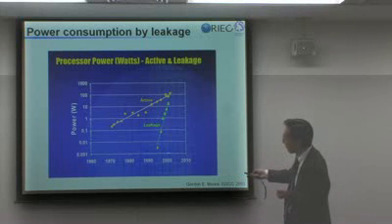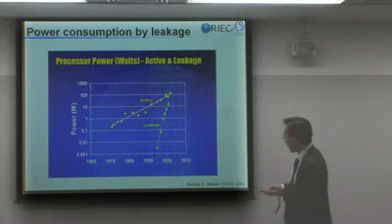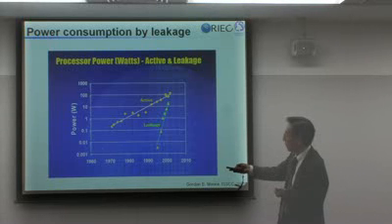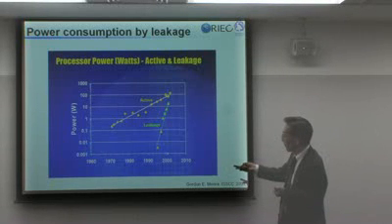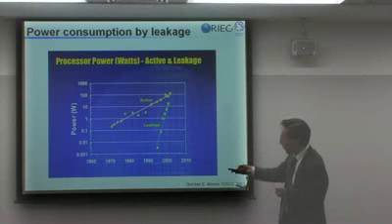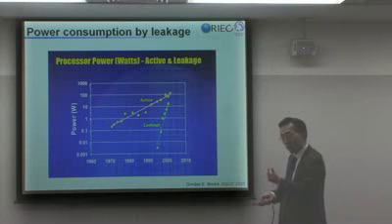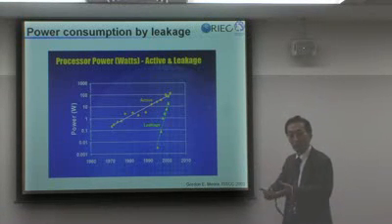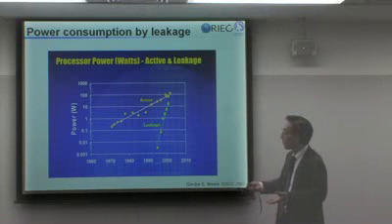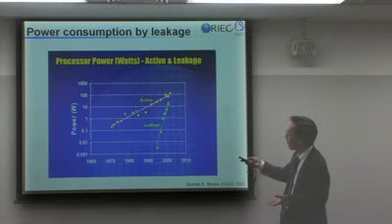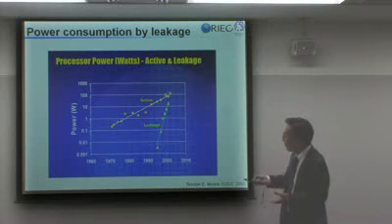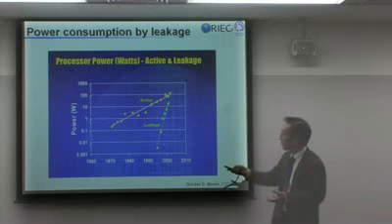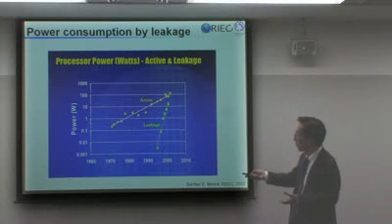This is taken from Gordon Moore's ISSCC conference, and as you reduce the dimension of your transistor, the circuit gets faster and faster. But along with it, you have to pay more power. But here, the leakage power, or power due to leakage, is also going up.